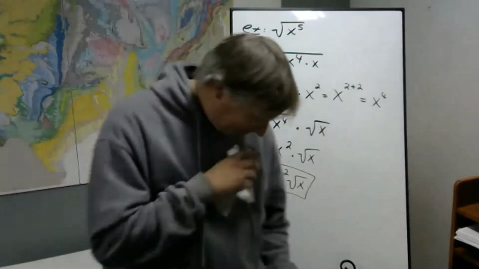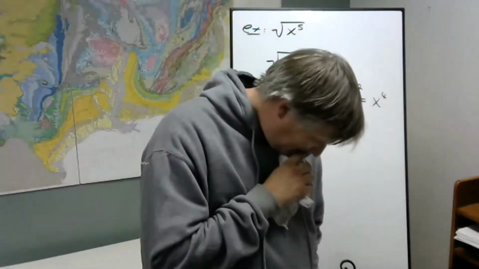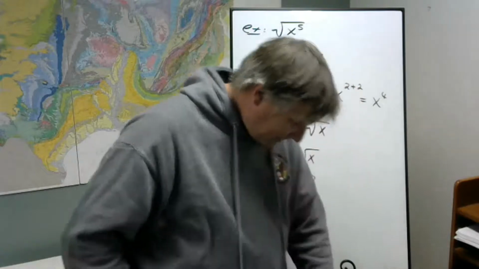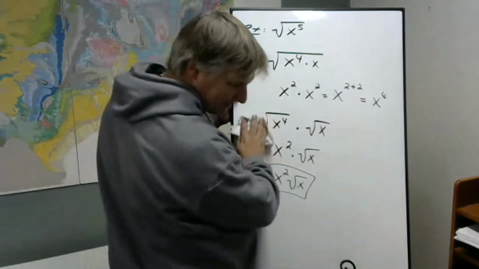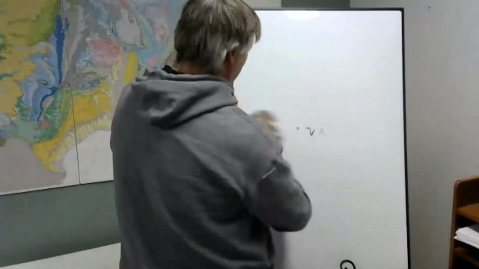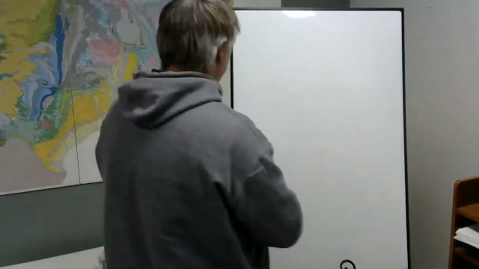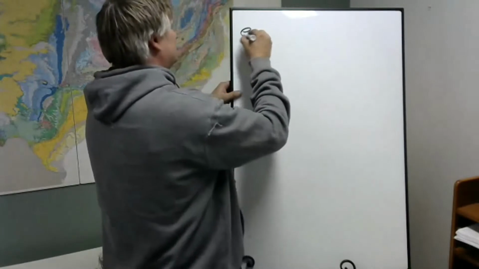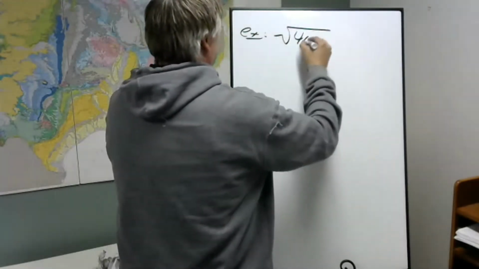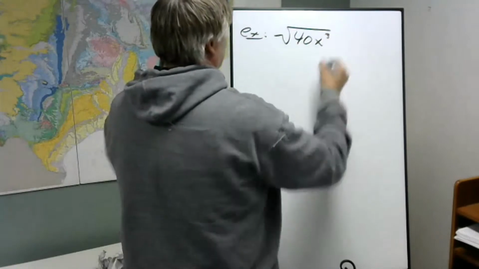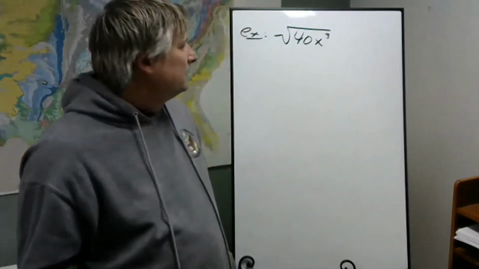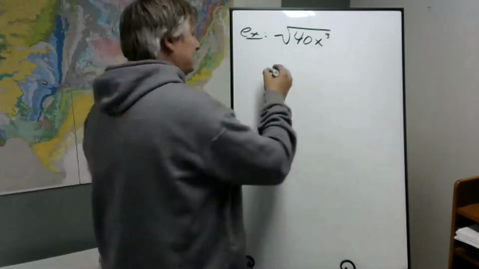All right. So let's say we have something like this. Now, if we want, we could break this up into the number times the variable. We could do that.